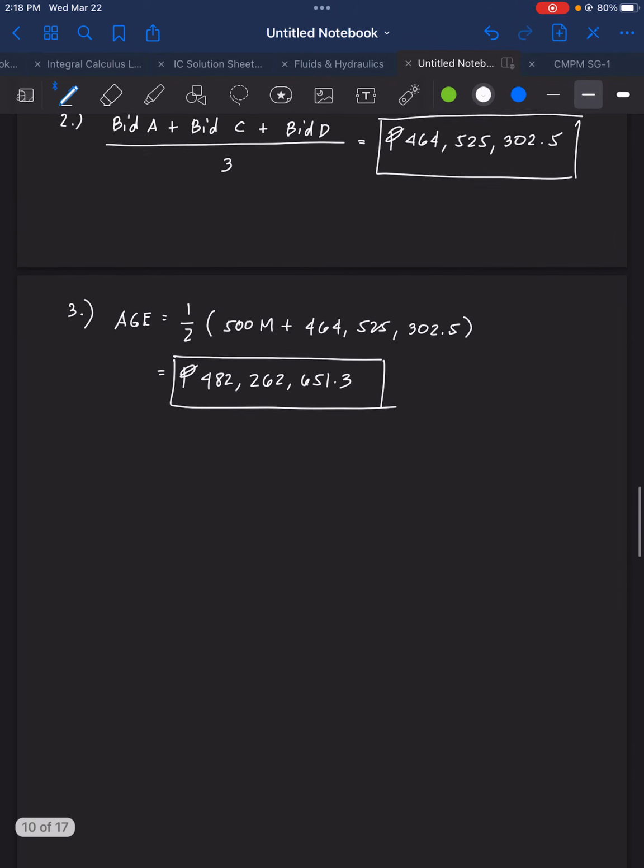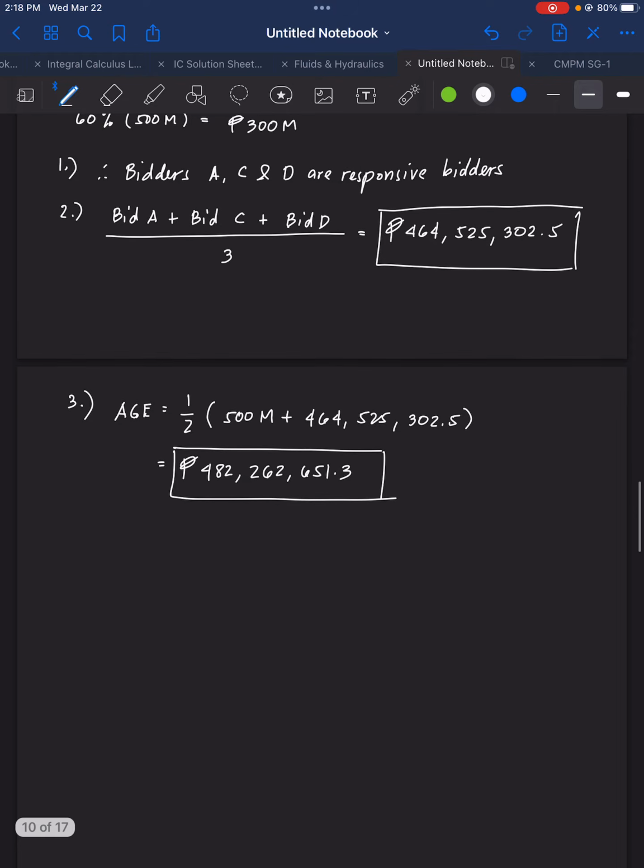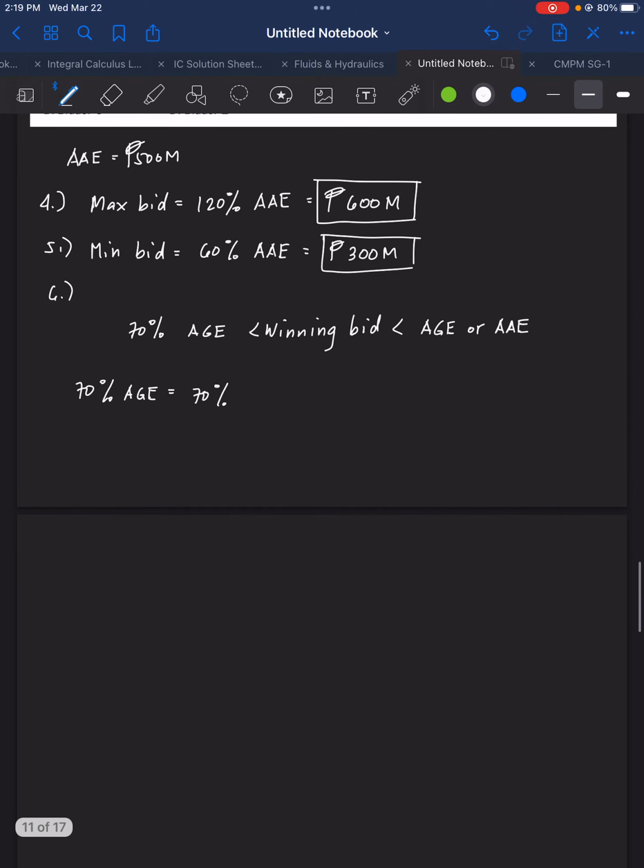So here it's 482,262,651.3, since it's the same situation as mentioned at the previous problem, 482 million. Okay, so 482 million 262,651.3.